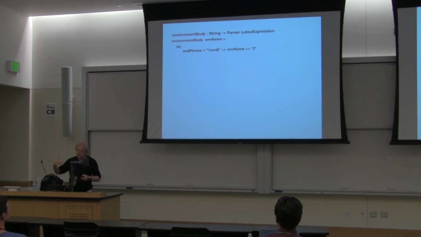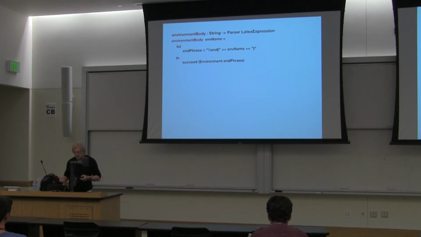Remember, all environments will end with \end, the environment name in curly braces. So we construct that phrase, and then once again, a little parser pipeline, beginning with succeed, parse some white space in case we put that in, parse the body, which is going to be a non-empty list of LaTeX expressions, parse any additional white space that we might have put in, and then end with symbol end phrase.